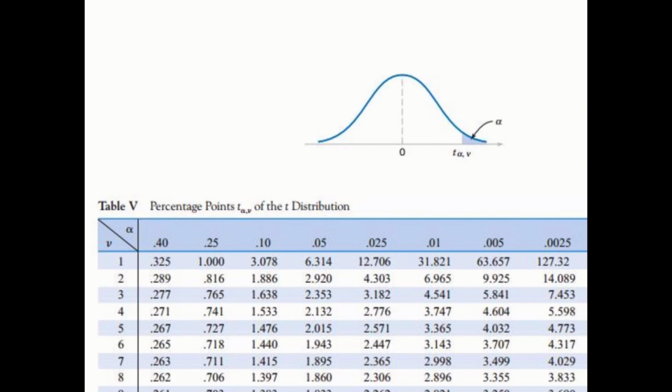So here we are at the t-table, and we're looking for t of 0.05 and 39. Keep this in mind: this is the value that we read, and then the negative of that is our critical value. So the alpha is 0.05, and that is here. We're looking at this column, and we need to look at the 39th row. So we need to go down in this column and find 39.